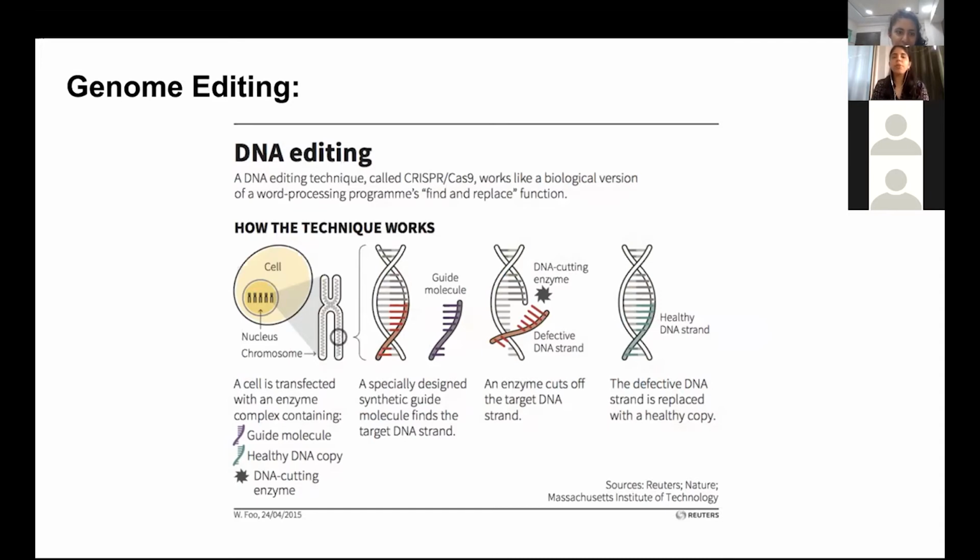So there won't be one guide molecule that we provide. The guide molecule will have multiple copies that we'll inject into the cells. Our hope is that enough healthy DNA will lead to production of healthy strands. The strands that have the defective DNA are not going to go away immediately.